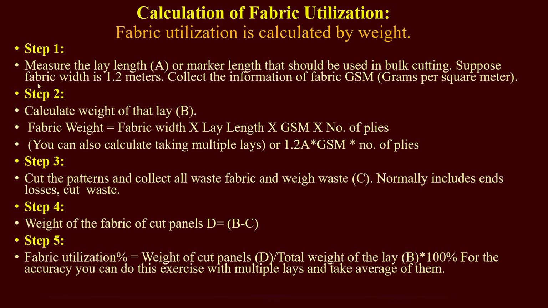Second step is to calculate the weight of that lay or those layers. Fabric weight is calculated as fabric width multiplied by lay length, multiplied by GSM, grams per square meter, multiplied by the number of plies or number of layers.